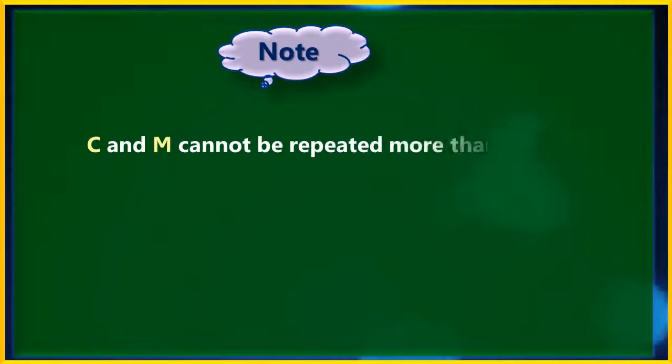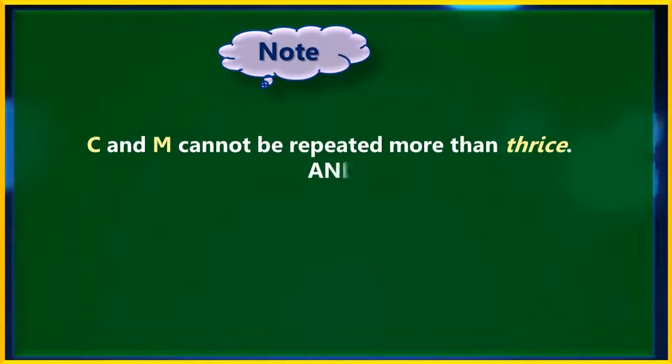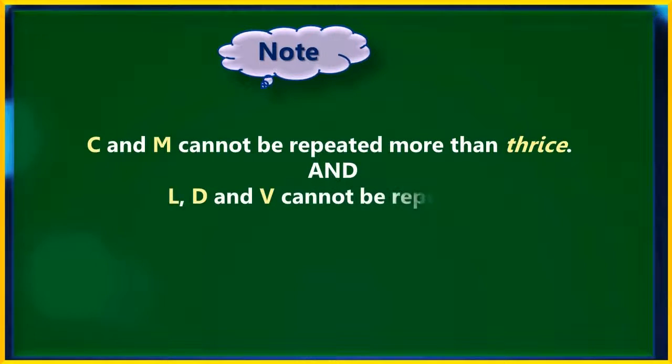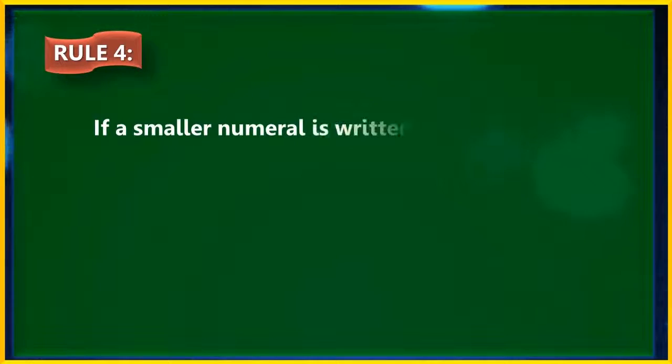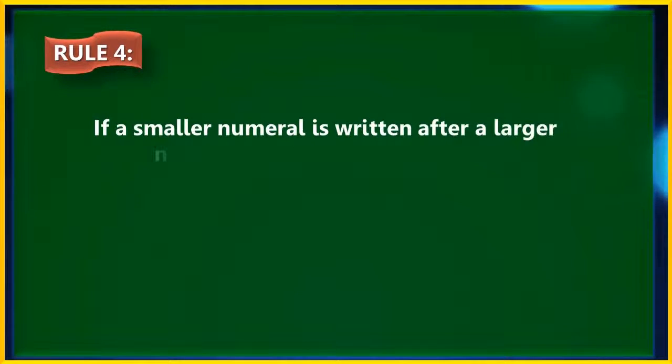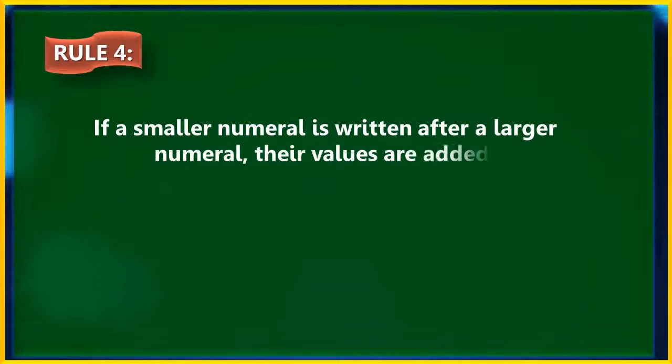An important point to be remembered is C and M cannot be repeated more than thrice, and L, D and V cannot be repeated. Rule 4 for writing Roman numerals is: if a smaller numeral is written after a larger numeral, their values are added.